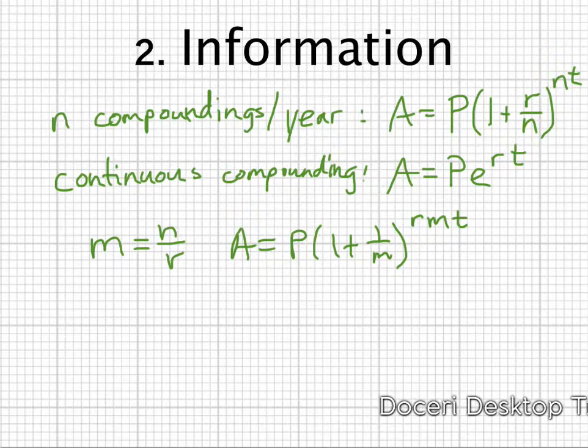And so what happens is, as we look at 1 plus 1 over m raised to the rm, and then raise that to the t, or excuse me, this should be just m inside, and on the outside should be rt.